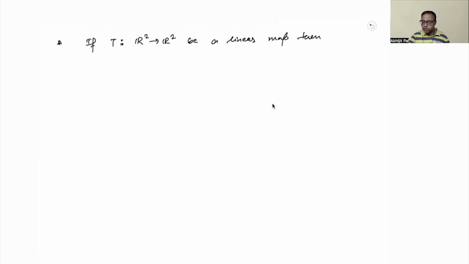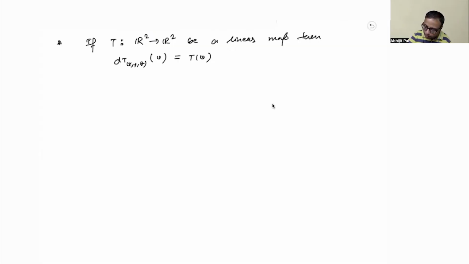Okay, so then dT at the point (x, y, z) of any vector b is again equal to T of b. Okay, so this is very easy to check.